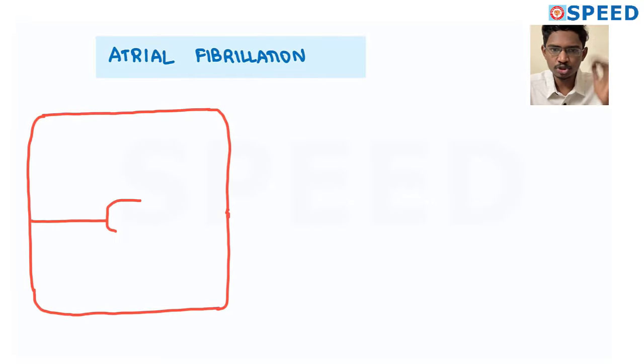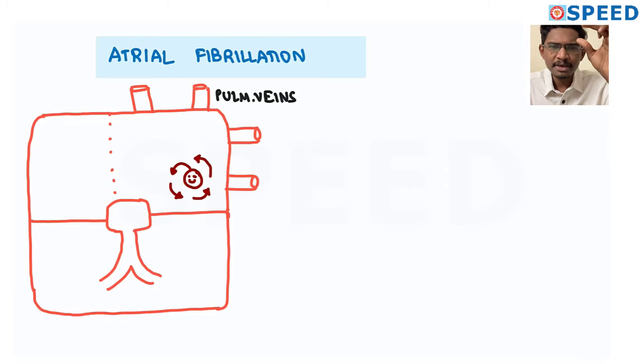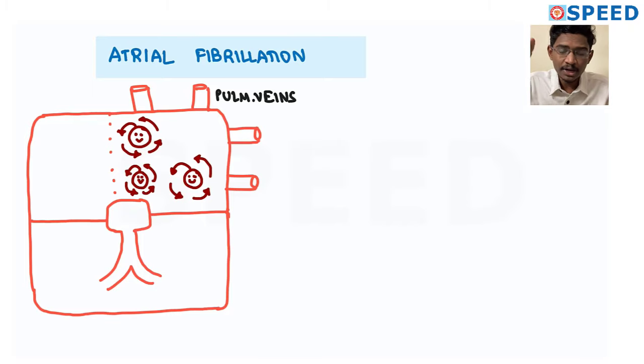First of all, atrial fibrillation. I'll tell the brief chunk in atrial fibrillation to be remembered. First, in atrial fibrillation, what happens? The heart rate will increase enormously to around 400. So why is it happening? See, there will be multiple pacemakers originating from the atria, especially around the pulmonary vein origin.